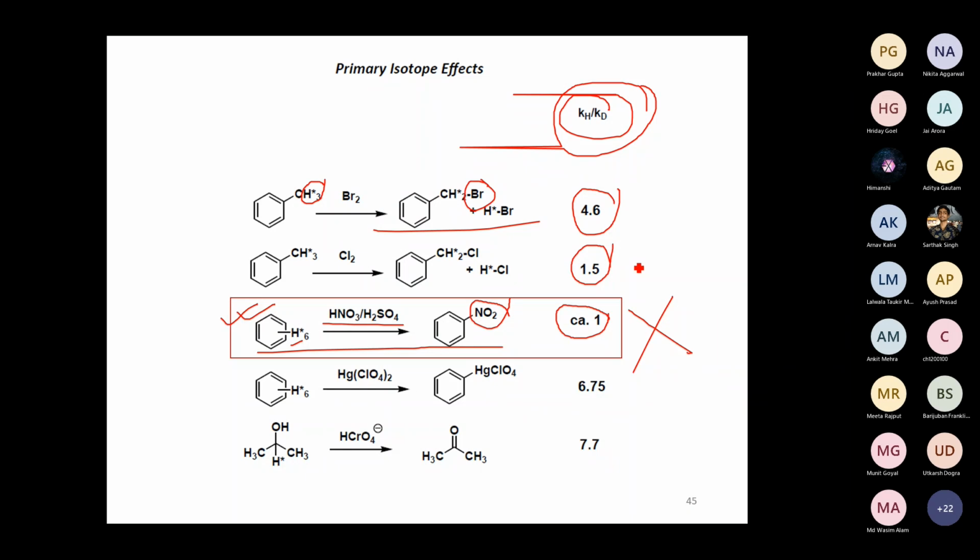Secondary kinetic isotope effect values normally come like 1.3, 1.4, maybe less than 1.2 also. So if it is close to 1.5, you may tell it is a primary kinetic isotope effect. The secondary I will discuss later. Values normally come like 1.3, 1.2, 1.25, 1.11, something like this.